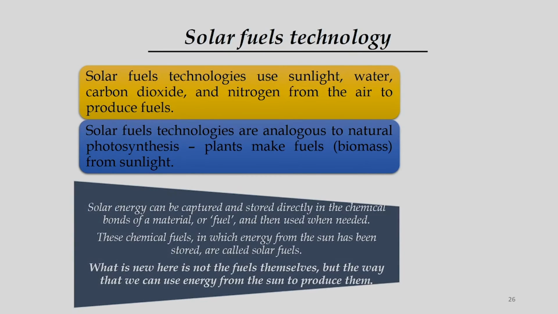The solar energy can be captured and stored directly in the chemical bonds of a material or fuel, and then used when needed. These chemical fuels in which energy from the sun has been stored are called solar fuels. What is new here is not the fuels themselves, but the way that we use energy from the sun to produce them.